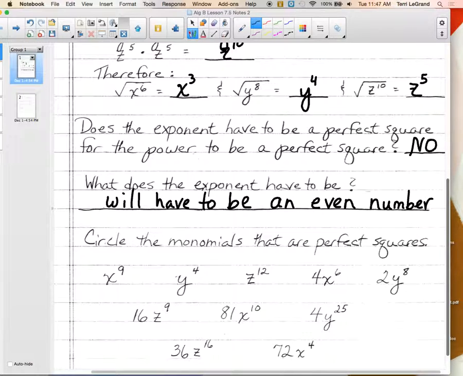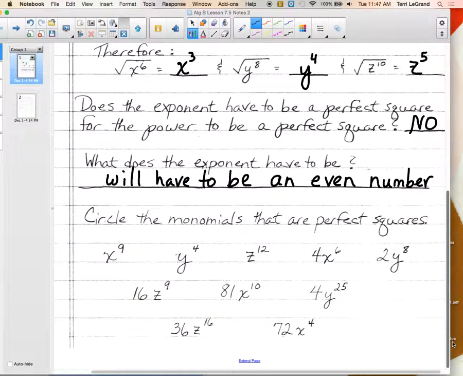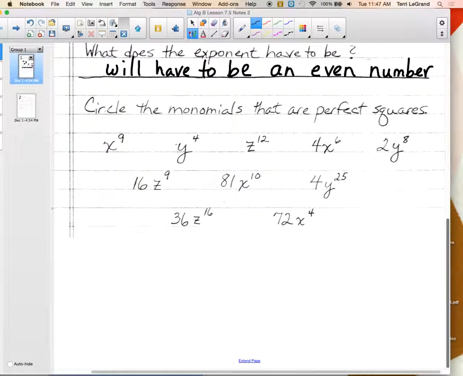Okay, so I want you now, you have a pencil in your hand, right? I want you to circle the monomials that you think are perfect squares up there. Which of those, if they show up in our binomials, would we say they are perfect squares? Go ahead and try it.